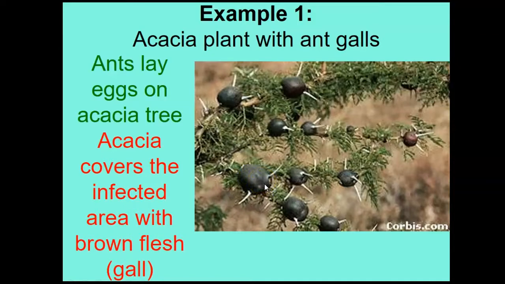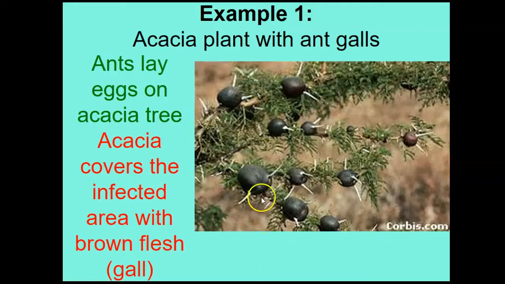Because they are damaging the tree, it is going to react to this infection by growing a gall, or this brown flesh around the eggs of the ants. So it's going to give the ant eggs protection, and it also will provide a source of food when the ant eggs start to hatch.